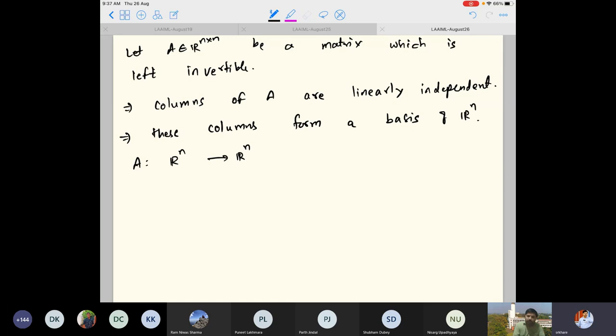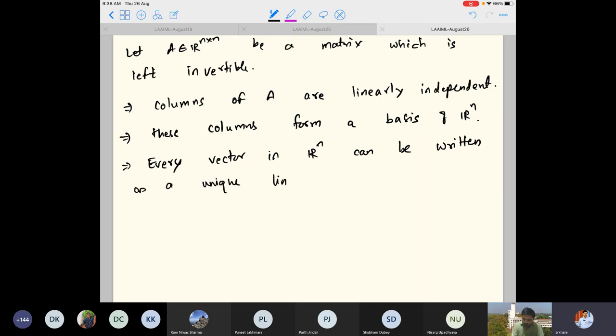So what I am really interested in looking at is every vector in R^n. This means every vector in R^n can be written as a unique linear combination of columns of A. Is that okay?